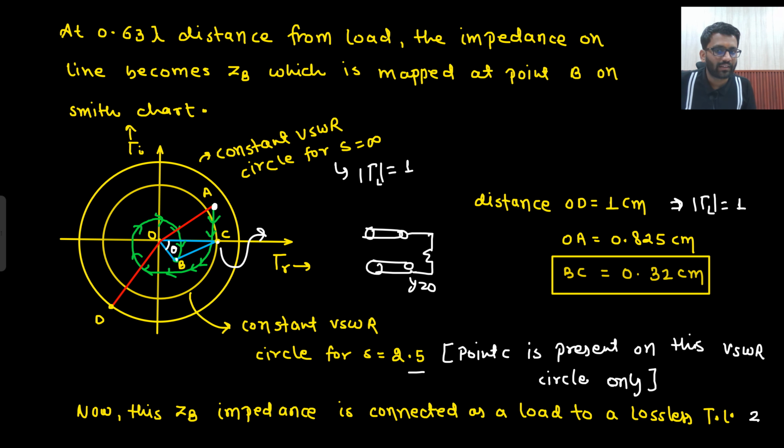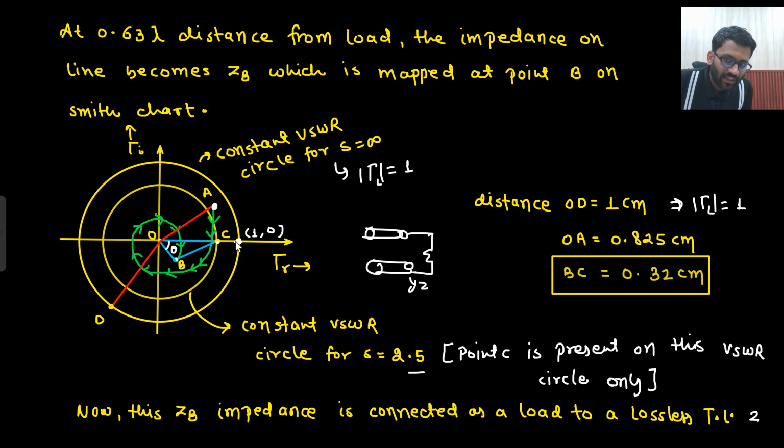Or how can you understand it? Look, this point will be 1, 0. Do you agree? This point will be 1, 0, because this is a unity circle. Now from this 1, 0, circles originate. R circles originate in this direction, X circles originate in this direction.